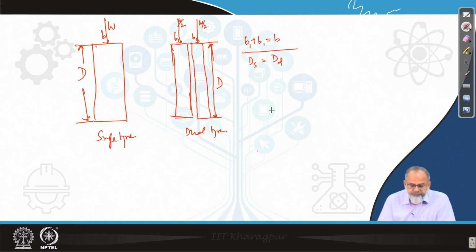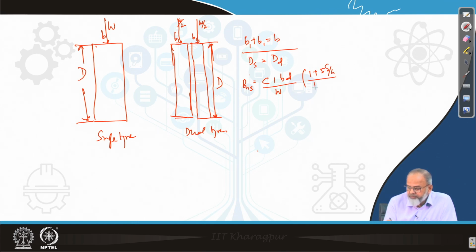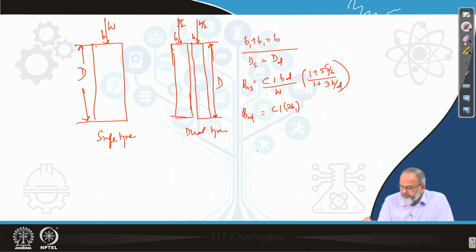Okay. So, now for finding out the mobility number of a single tire, that will be equal to CIBD over W into (1 plus 5 del by H) by (1 plus 3B by D). Now, for mobility number of dual tires, it will be CI, B will be equal to twice B1, or you can find out the mobility number of one tire, then multiply it with 2, that is also possible.